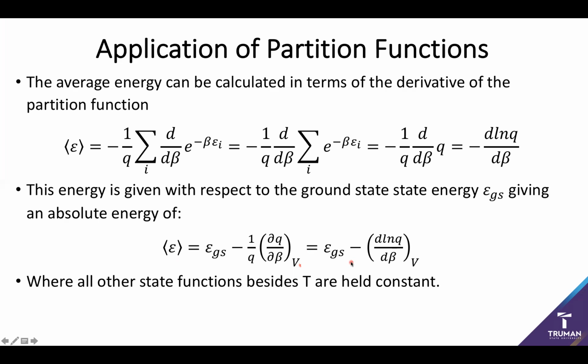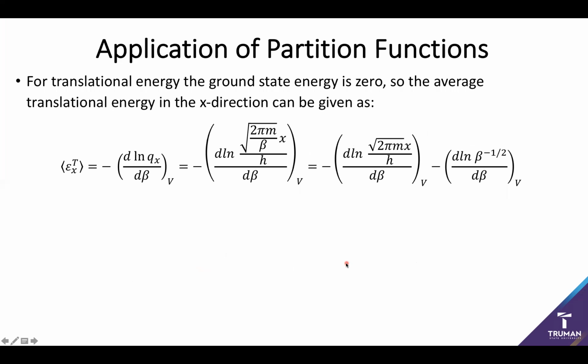The other three can be a little bit tricky. So let's start with our good old friend, the translational partition function. What we're going to do is similar to what we've done before. We're going to start by focusing on the average energy just with respect to movement in the x direction. That way, the only partition function I have to examine is the partition function with respect to x. So we can input our translational partition function.